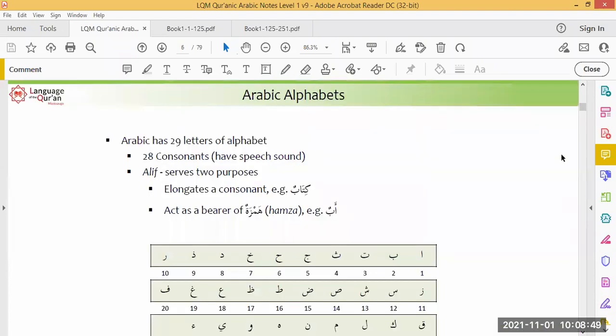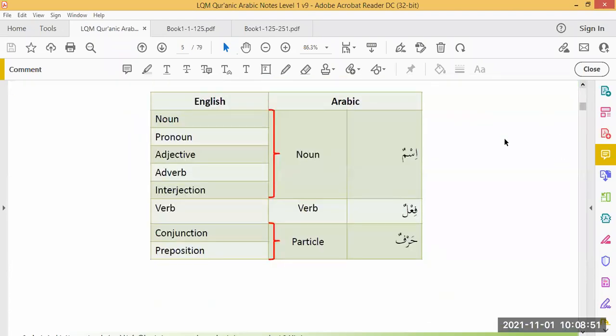And the third part of speech, conjunction and preposition, particle, we call harfun. So in Arabic, there are ismun, fe'lun, and harfun. These are the parts of speech.